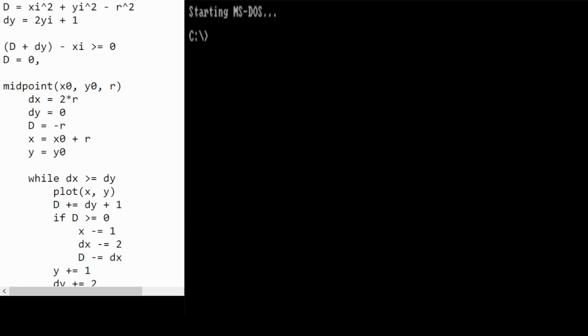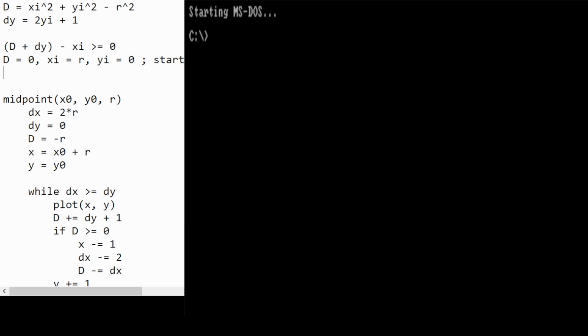And of course that first point has coordinates x equals r and y equals 0, so those are the starting values for xi and yi.